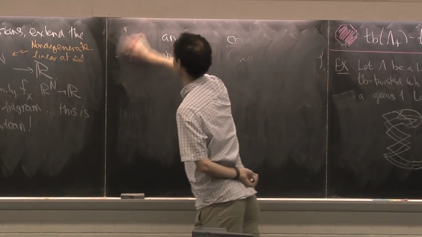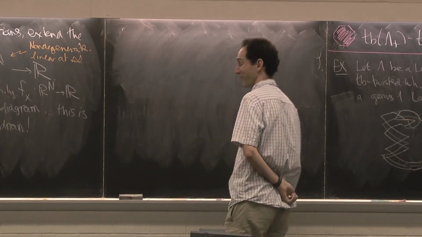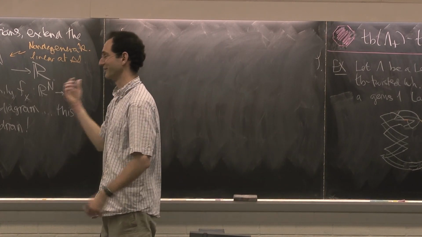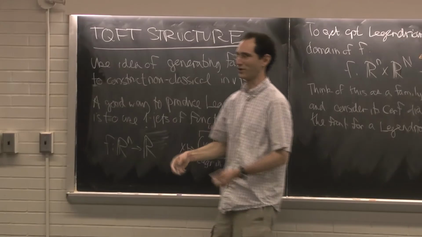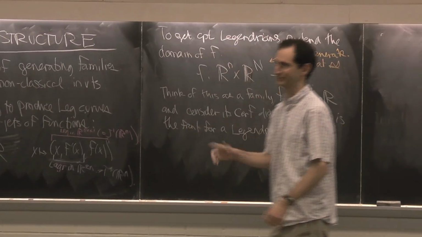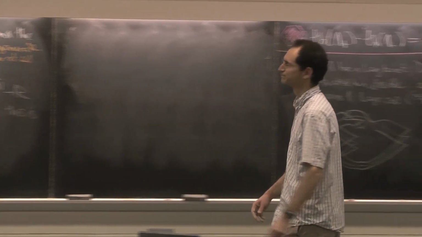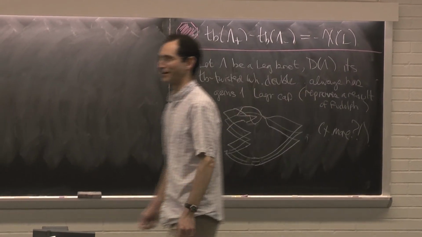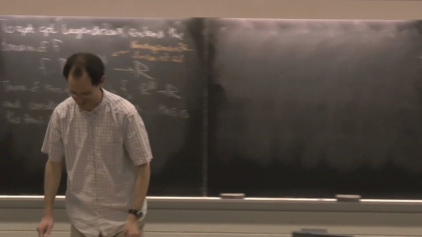Or if you want n equals 1, then just take f plus a quadratic in the other variable. I'm not trying to be flip. I understand.